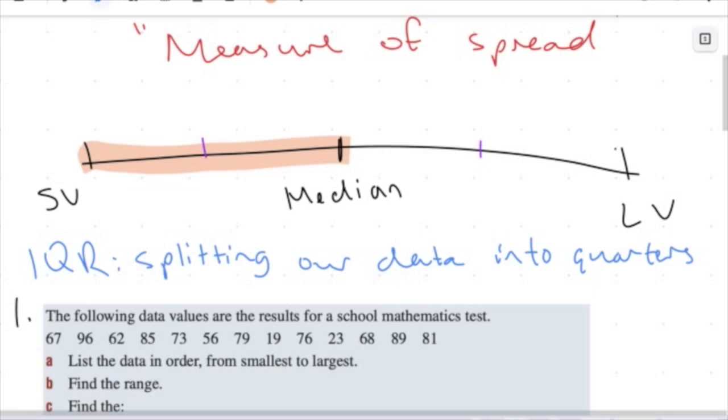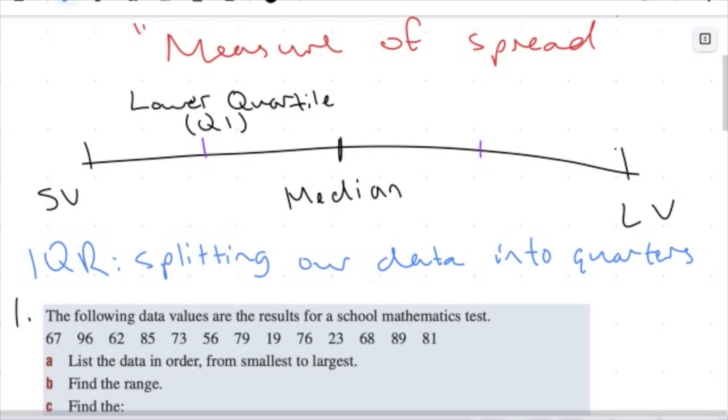So if this was, for example, the heights of a group of people, this area between the median and the smallest value, we can say that's the lower section of our data. And we're going to call this thing the lower quartile. We call this Q1 for short.